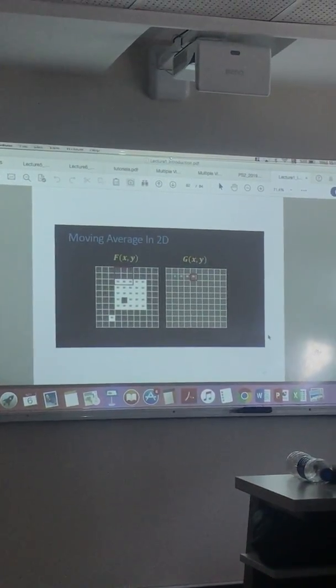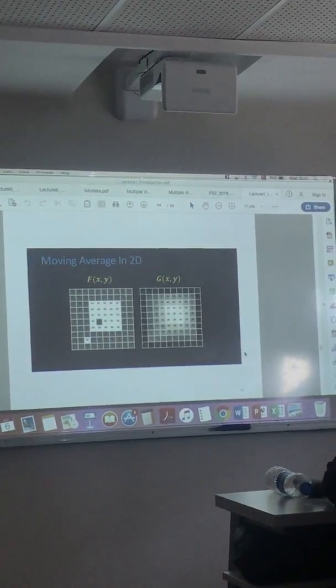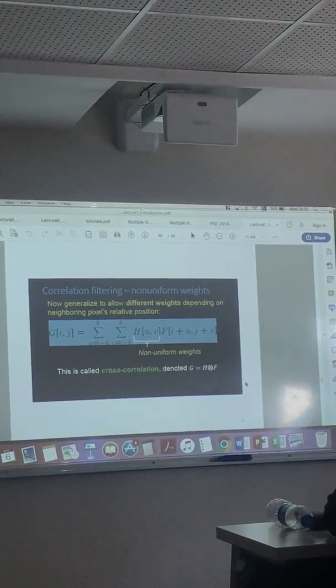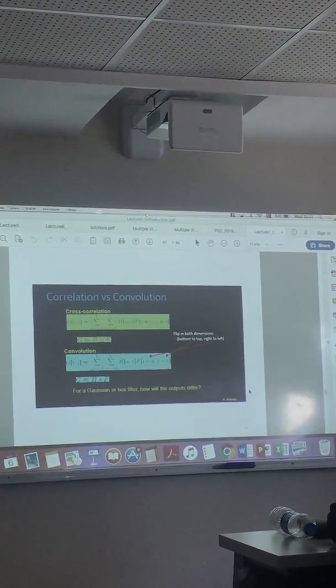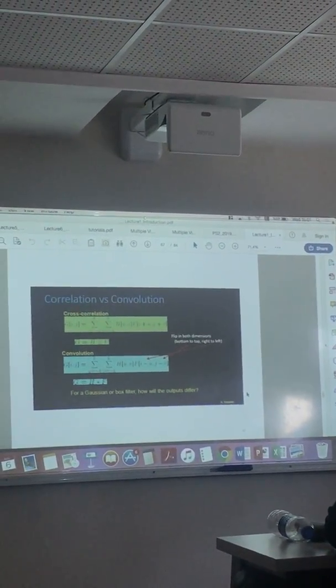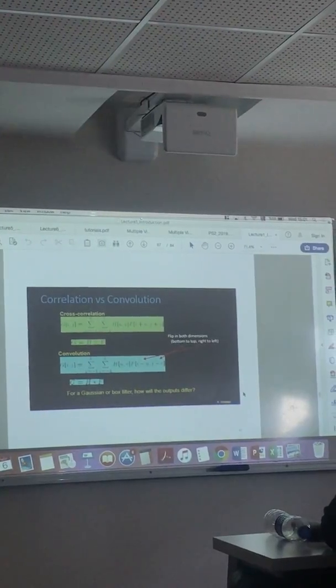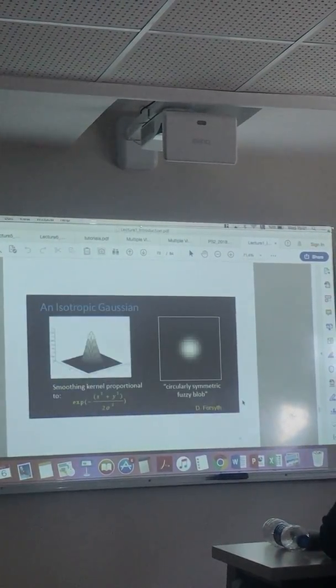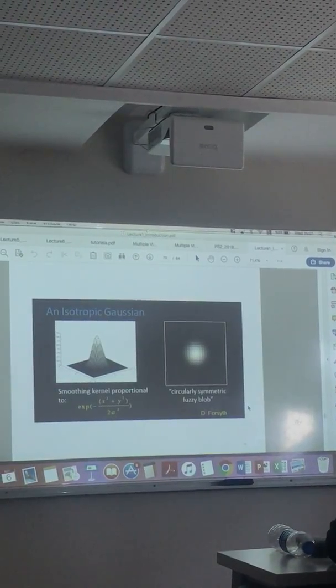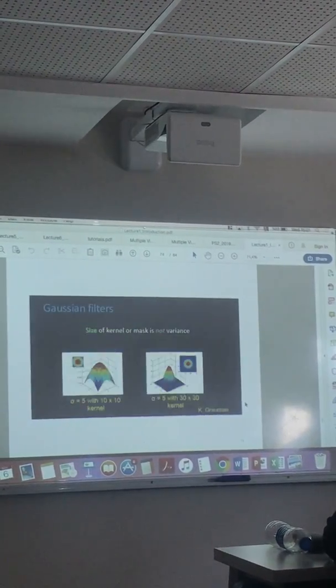Filtering operation, you learned. You can have cross correlation or you can have convolution in one of them. You flip the kernel. These are some things that you should know. I may not ask anything about these things, but these are some of the things that you should know.